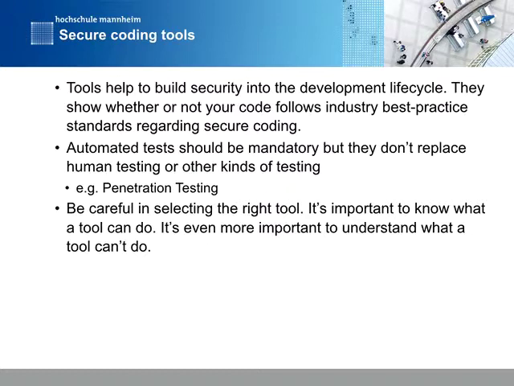Fortify produces code scanners for all major languages. They started with C, they have things for Java, they have things for Python, they have things for SAP, they have things for web applications using PHP and SQL. So there's lots of stuff available from them. They have been acquired by HP. Now, if you look them up, you will find HP Fortify is their claim.